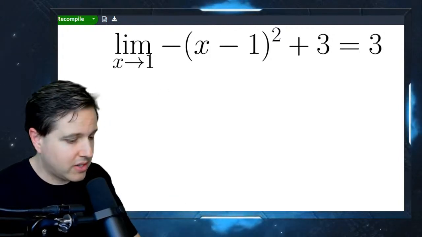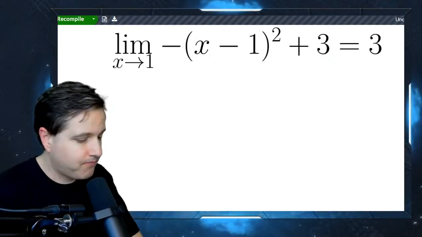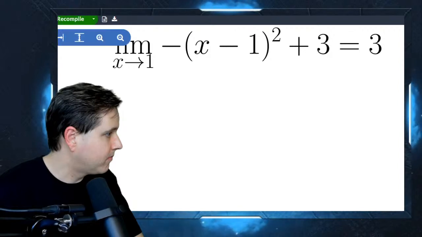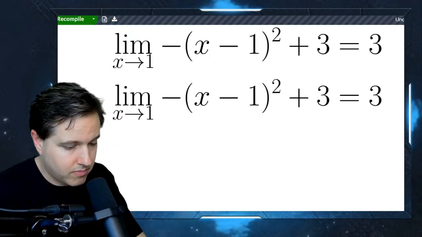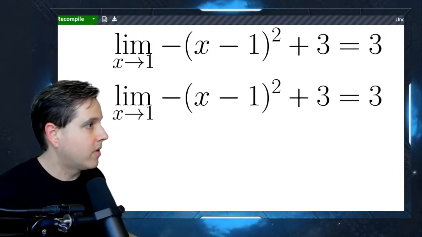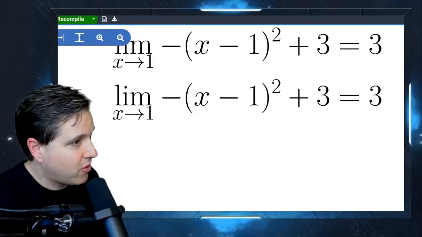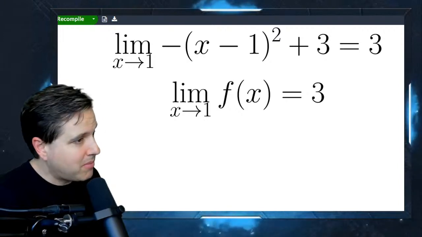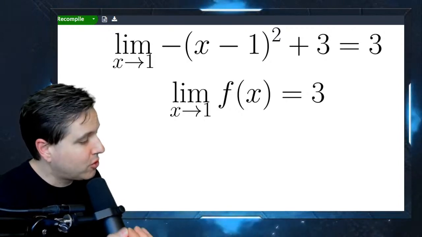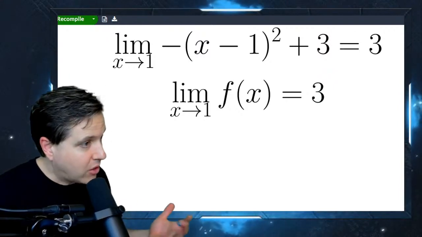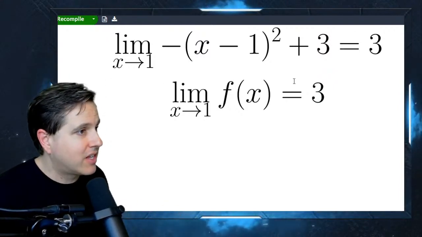You'll also see this written in the following form. Right, you might just see that where we have the function notation written in there for some f of x. This may be because it may be very difficult to put your function in there. So you may only have your function as a graph. You might not have a nice clean rule like this.